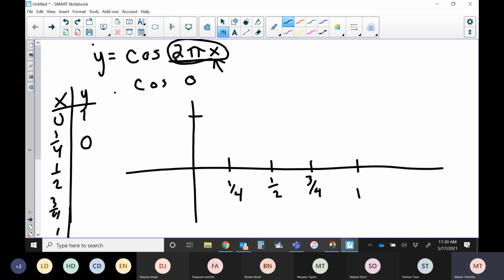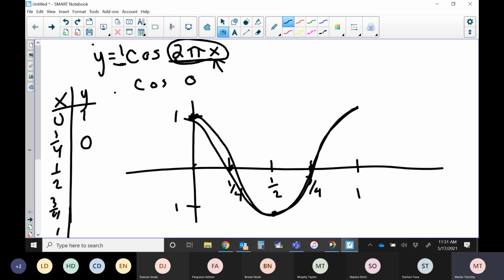And then I haven't changed my amplitude because my amplitude has been 1 every time. Notice that it keeps going, 0, 1, to 0, to here, to here, to back here. And it would look like this. Notice these graphs are going to be very similar to each other. And this would continue, following that same pattern.